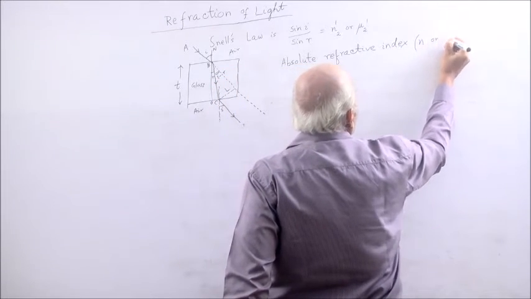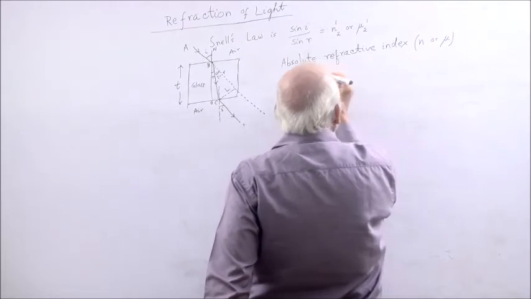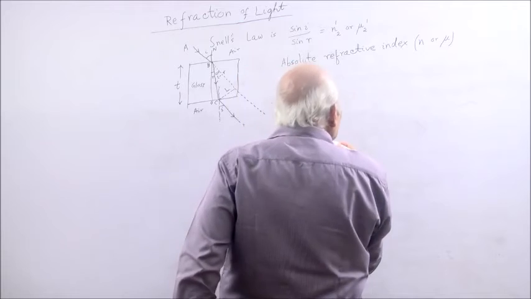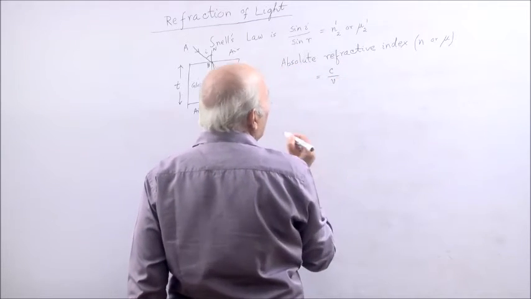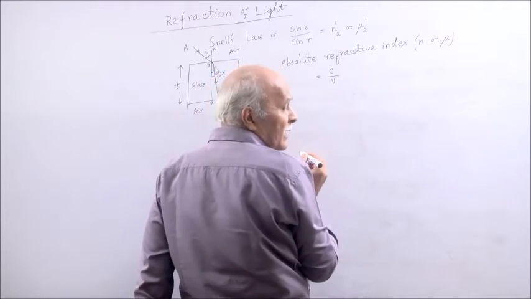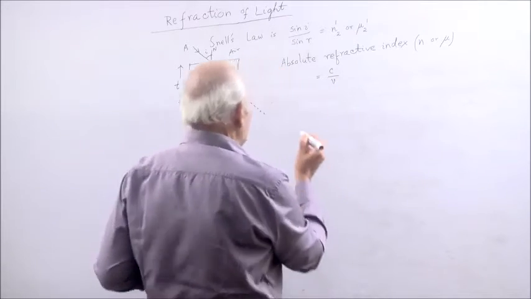n or mu symbol is equal to c by v. c by v means c is the speed of light in vacuum and v is the speed in the medium concerned.